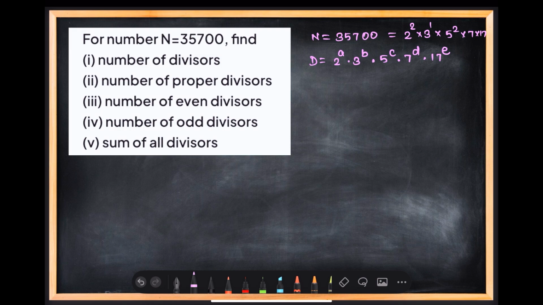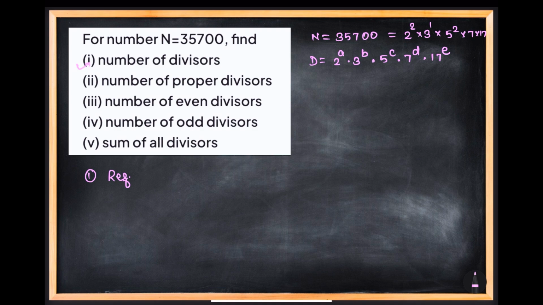Okay, so look at the first question. We are interested in finding the number of divisors. Suppose that n is being divided by D. What can 2 take as a power? Can you have 2 power 0?